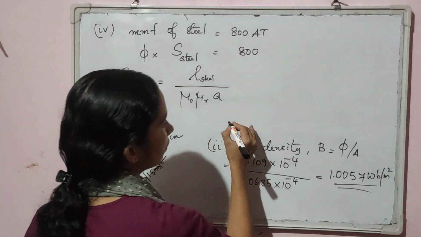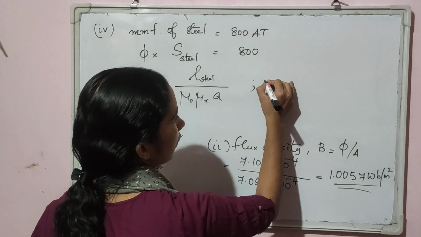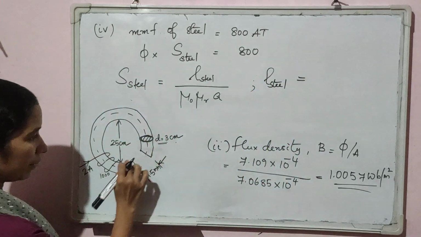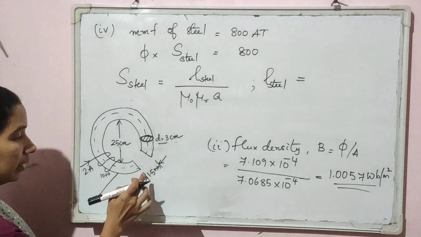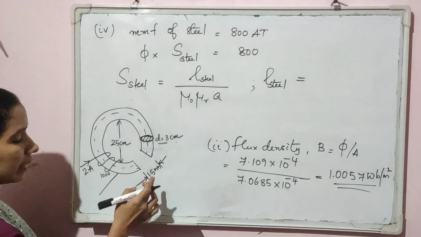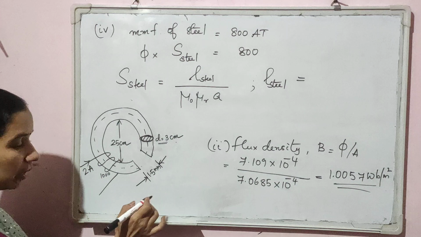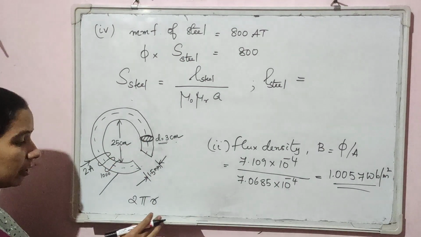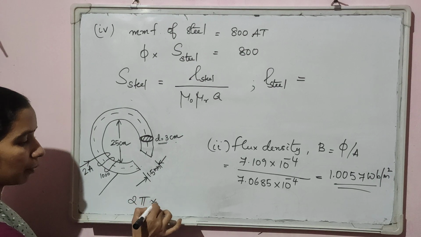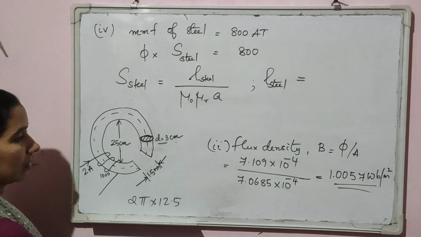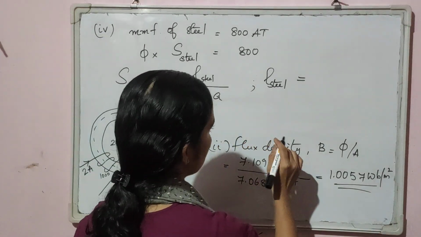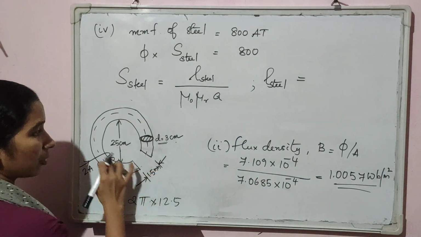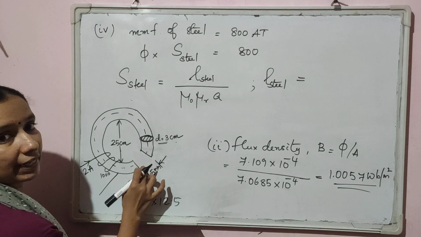So we can write length of steel is equal to the perimeter of this circuit. Perimeter or circumference is 2 pi r. Here diameter is 25, so r will be 12.5. So length of steel is total perimeter minus length of air gap.